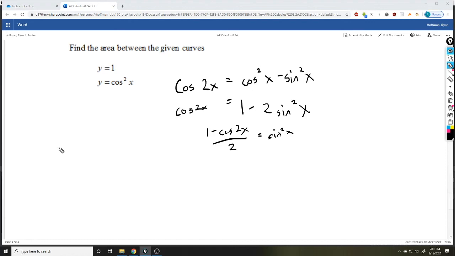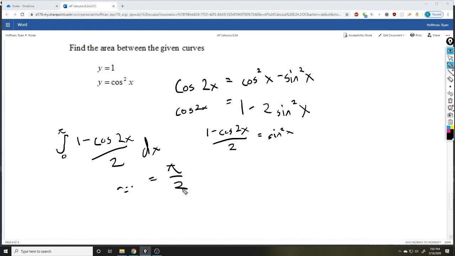And now we can take this antiderivative from 0 to pi. All right, and I won't show all the details of that. You should be able to do that yourself, maybe with a u substitution. I'll tell you what you should get. If you're doing it right, you should get pi over 2.